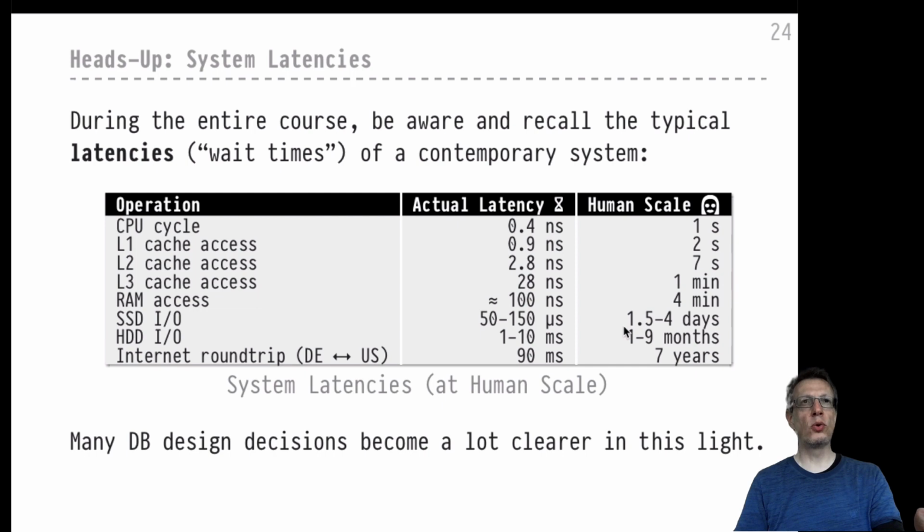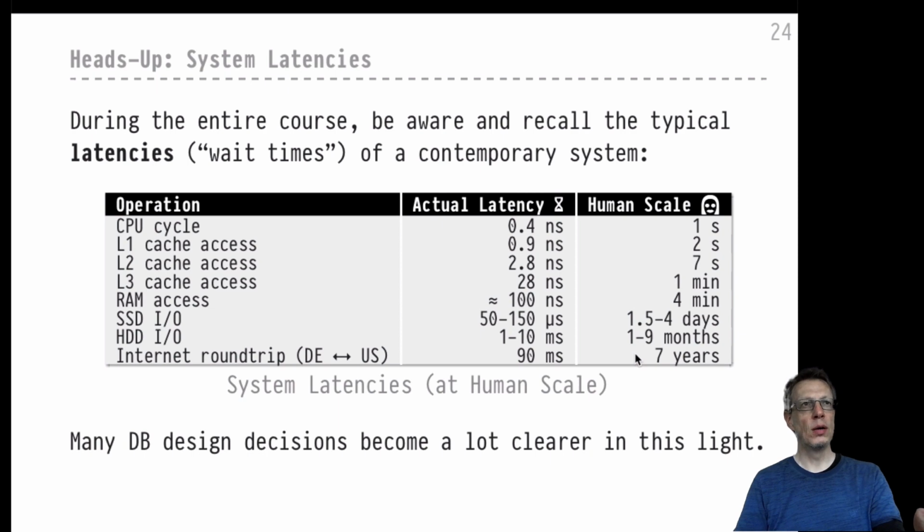So really, by designing database systems and the algorithms inside the system, let's make sure that we can read as much information as possible from the caches or at least from RAM. Otherwise, the waiting times that will occur are monstrous. Let's not even look at the internet round-trip time. That really makes me dizzy.